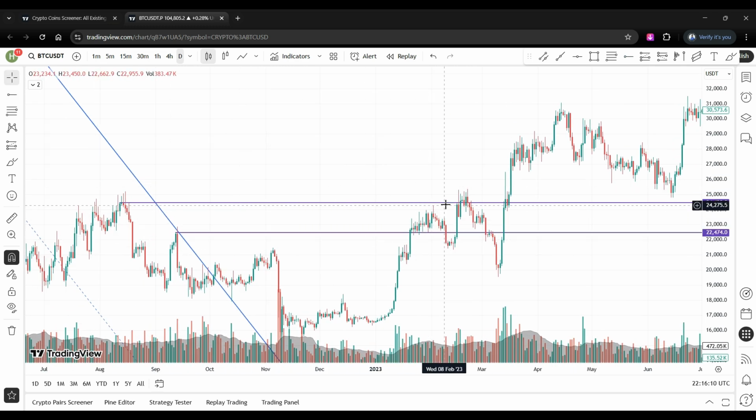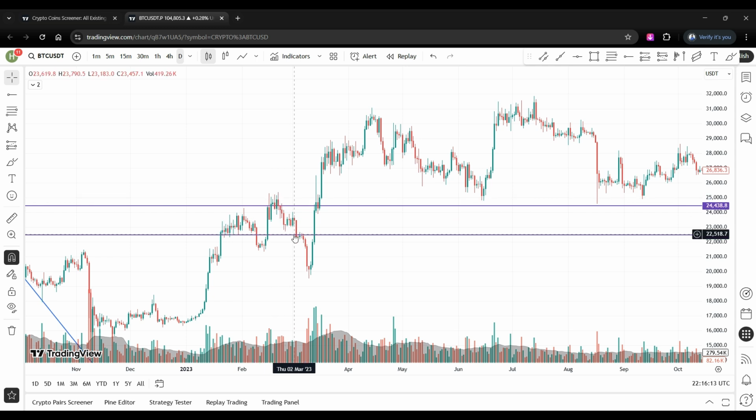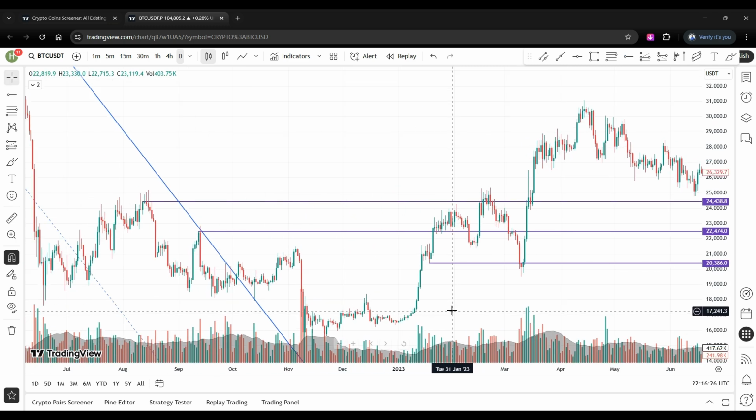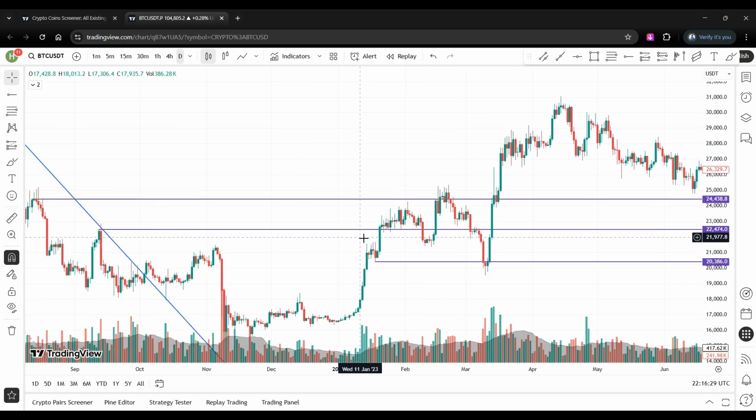Between this gap, it's consolidating and it liquidated all of these traders who thought this candle is the real breakout.